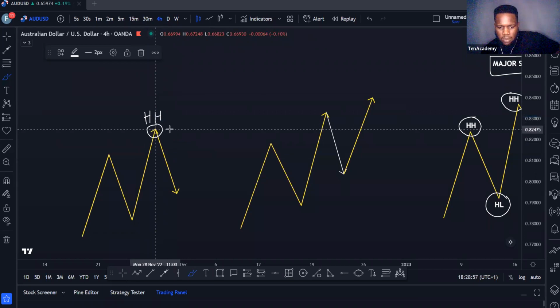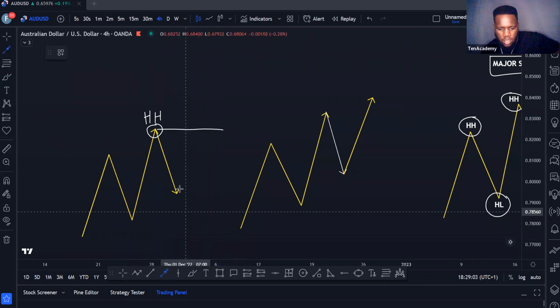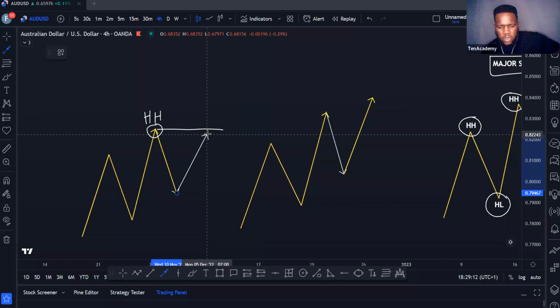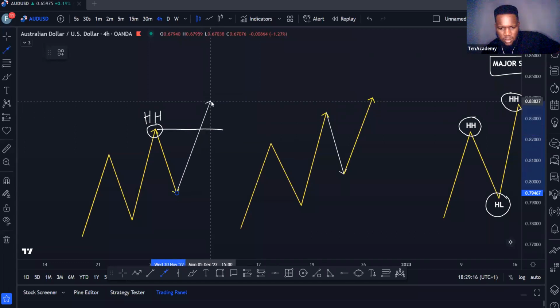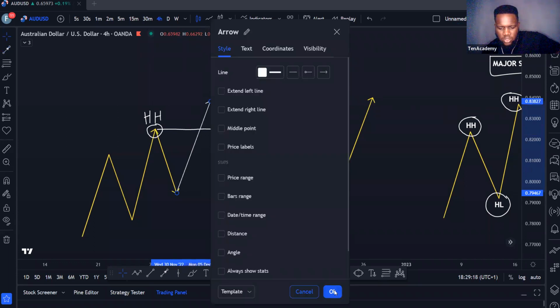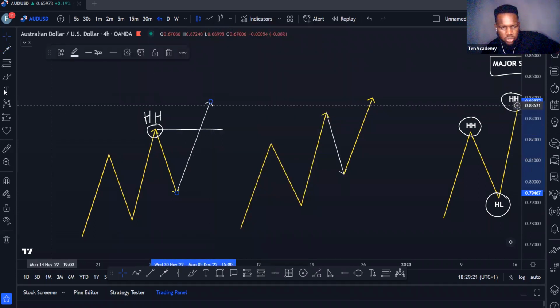Now, when that break happens, we call it a break of structure. So when price goes up, keeps going on, then breaks this higher high, we call this a break of structure. So for new highs to be created, price needs to break structure.